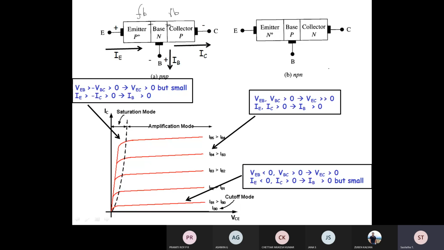Say for example, if you consider one P and N, connecting the positive of the battery to P type. Here the battery has two terminals, right?